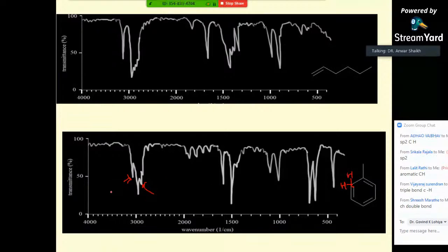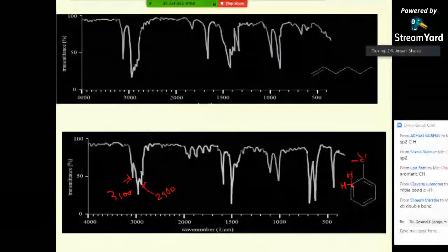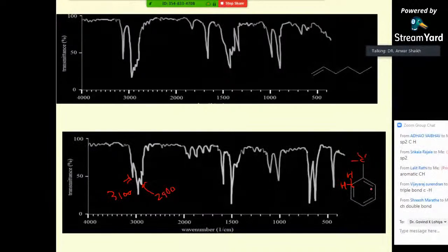So we are getting 3100 due to this CH, and we are getting 2900 here. You can consider CH3 here, because this CH3 is sp3 CH3, so 2900, and this CH is connected to the sp2 carbon, so 3100. These two peaks are clear to you.